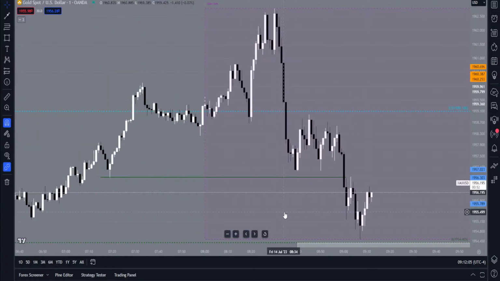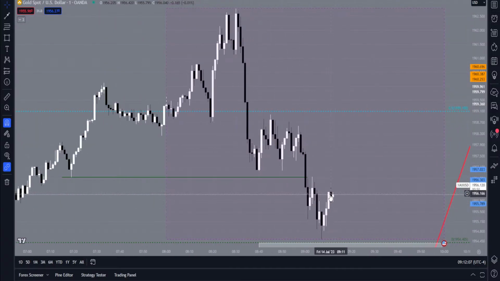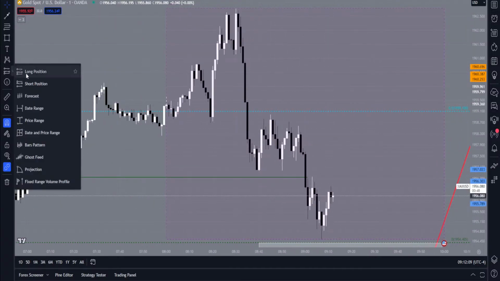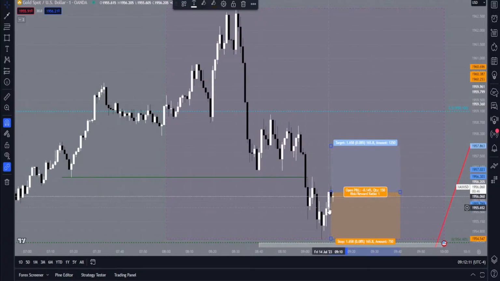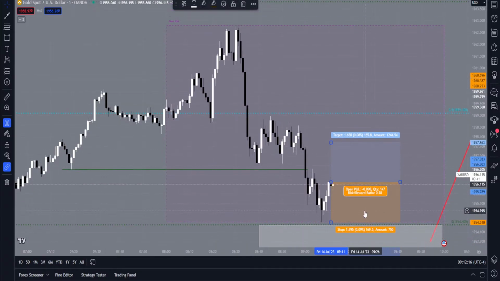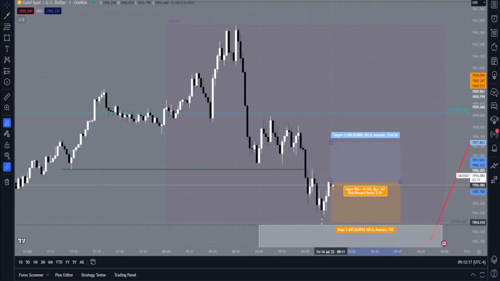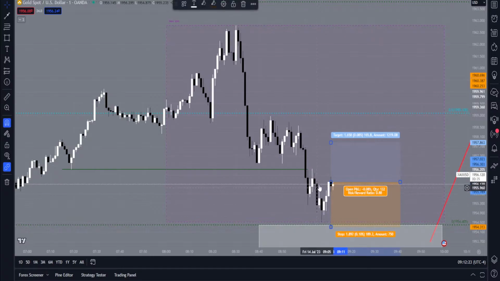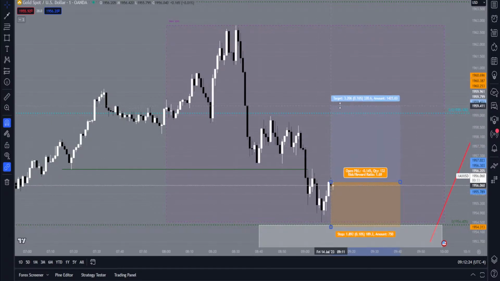It's possible we get a setup here. Now, our stop loss, if this does provide this trade, would be pretty much 1.89. Take profit would be a 2R, which would reach up here.